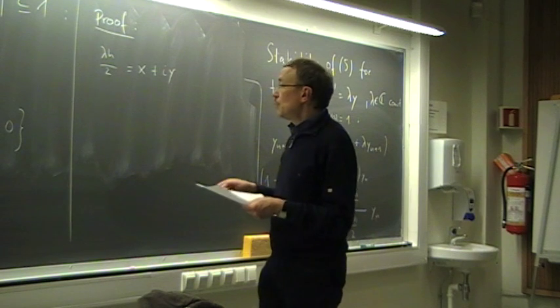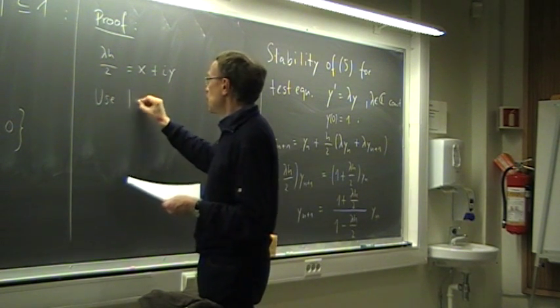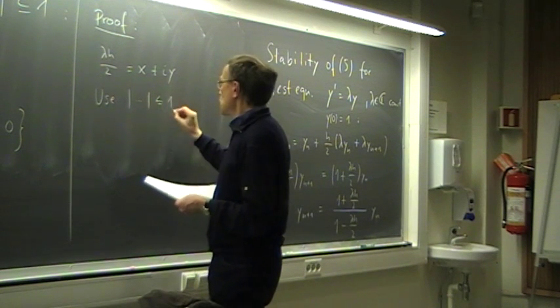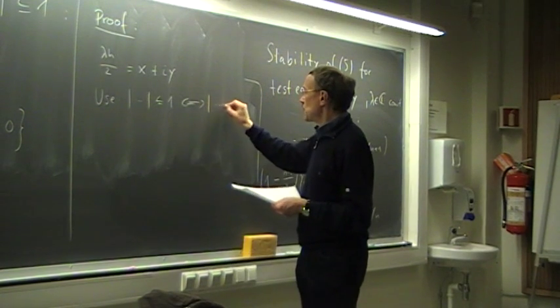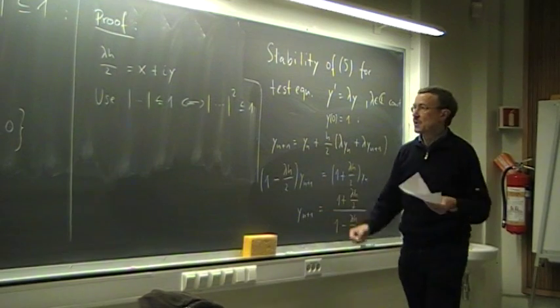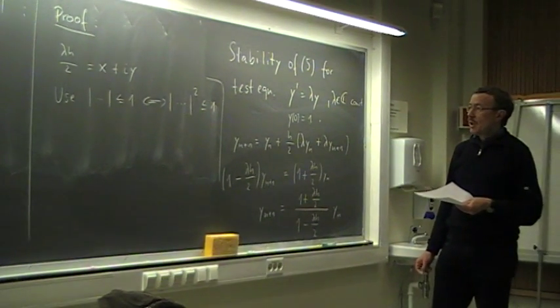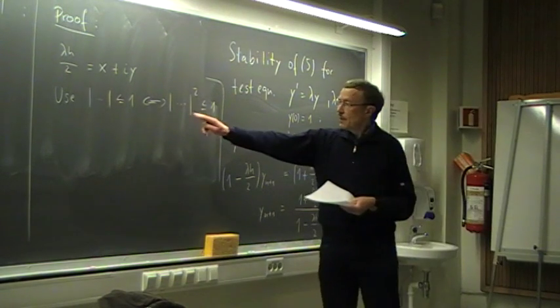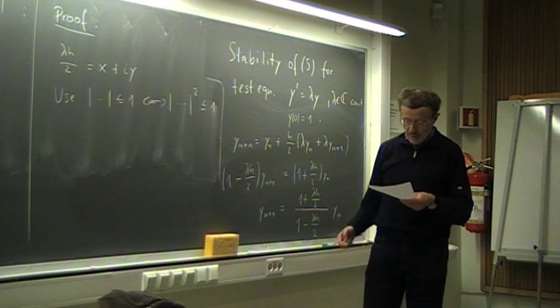And now we want to use that if we have something in absolute value smaller or equal than 1, it is equivalent to saying that the absolute value to the power squared is smaller or equal than 1. We can argue both ways, because taking this to the power 2 makes things a little bit easier.